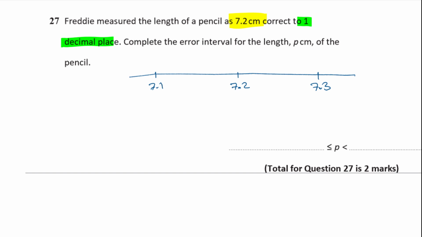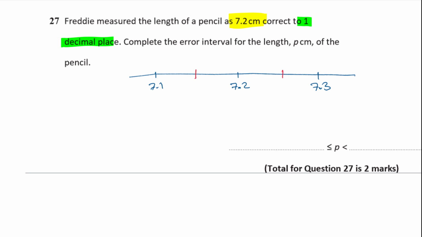So 7.1 and 7.3 would be the numbers it rounded to if it was a little bit bigger or a little bit smaller than what it currently is. So it's going to round to 7.2 if it is closer to 7.2 than it is to 7.1 or 7.3, isn't it? So the points that lie equally distant from the two are the halfway marks.